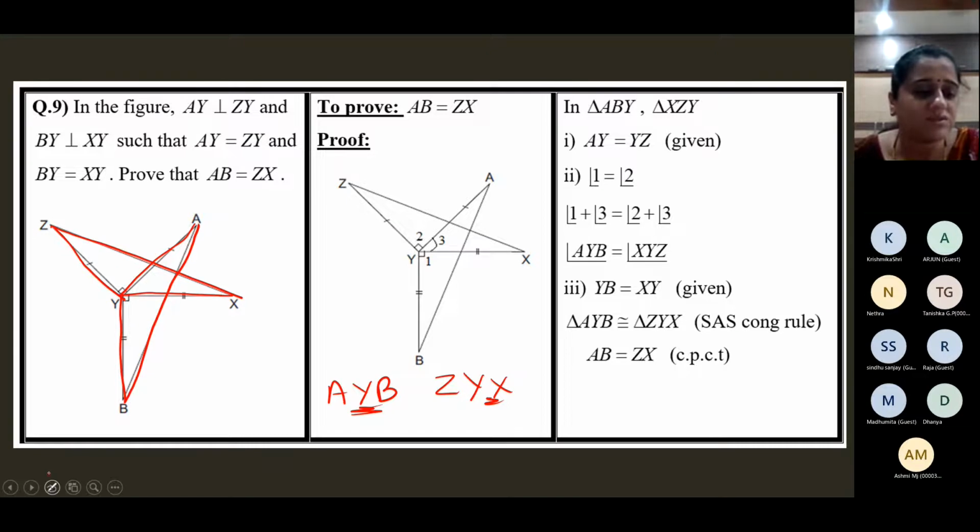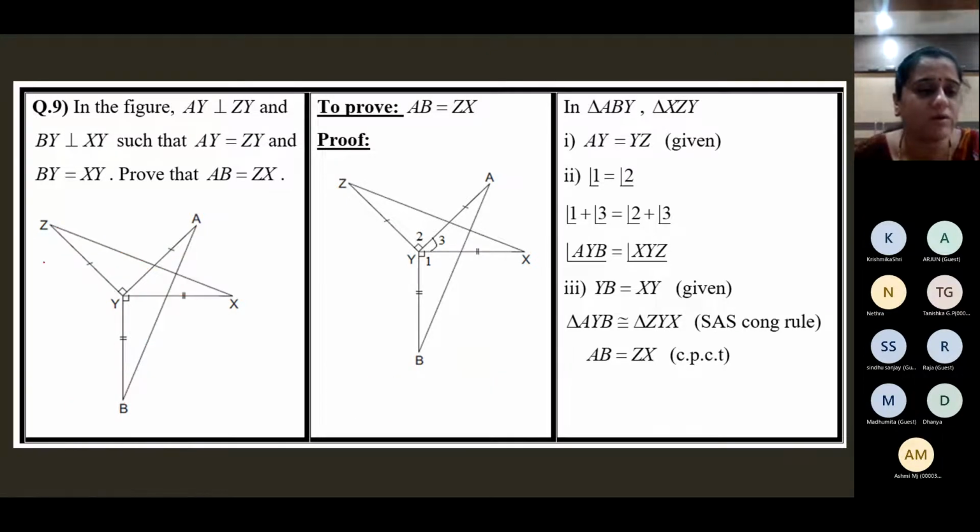So let's look at the triangles again one by one. Look at this triangle and look at this triangle. Let's mark off the angle ZYX. See here, ZYX.